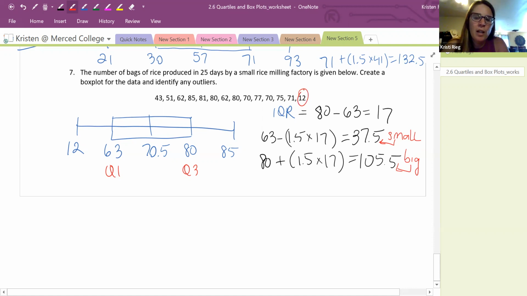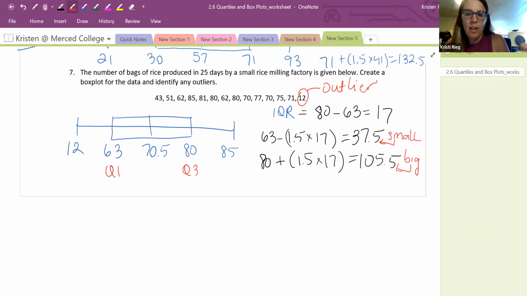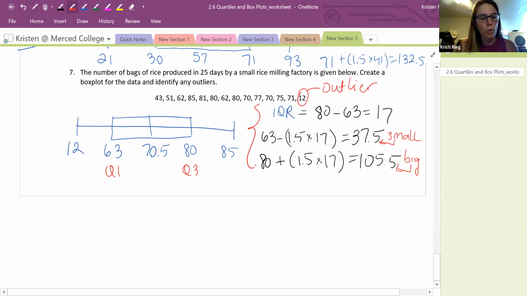Are there any other numbers in the 30s or 20s? I'm looking through this whole list and I don't see any. So 12 is our outlier. I had a guess that 12 was an outlier, but that doesn't prove it. This right here proves it. So when you're showing your work, that's what I'm looking for.